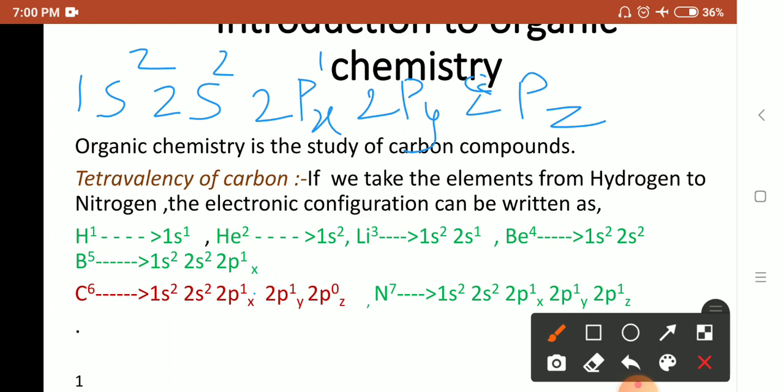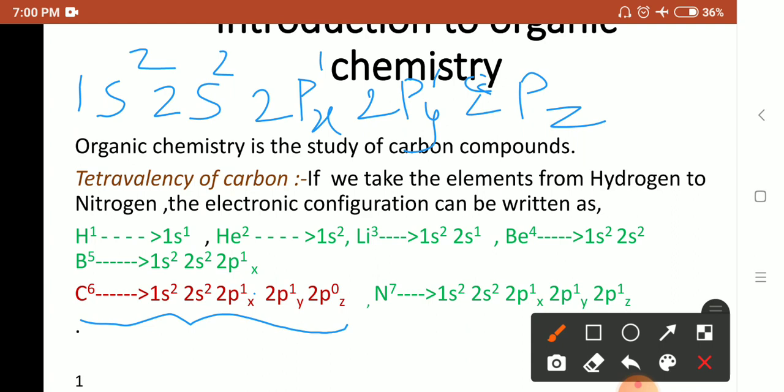Next, coming to carbon, which is a very important element for us to study organic chemistry. Atomic number 6. These 5 electrons are filled up to here like boron, but the remaining electron goes into py1.